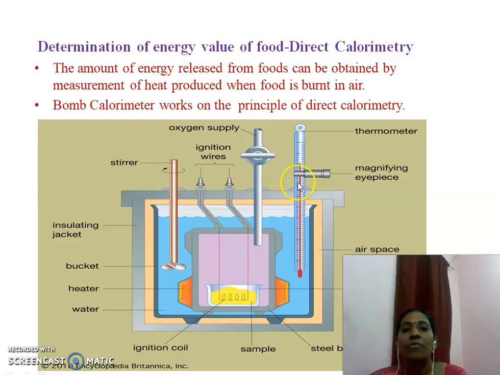The difference in the temperature of the water can be noted down as final temperature minus initial temperature. This will give you how much heat is produced during the burning of the food sample. So with this we are going to see the calculation part, how by using this increase in the temperature, the calculation can be done to find out the energy value of food.